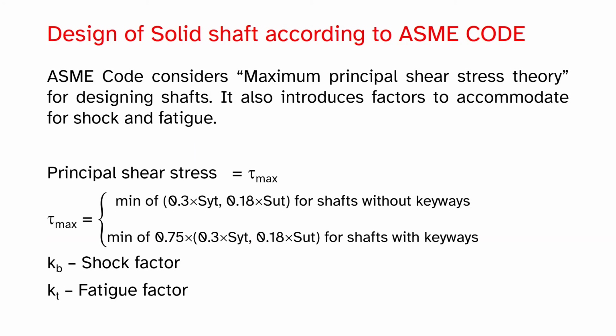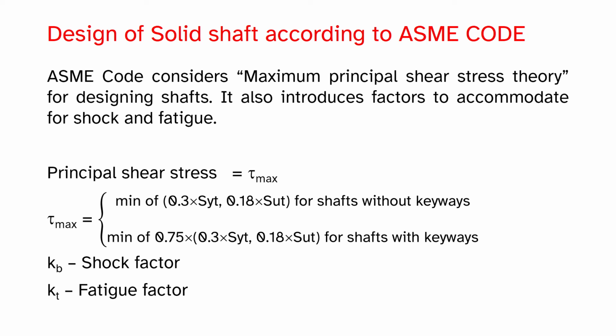Let's see how to design a shaft based on ASME code. ASME code considers maximum principal shear stress theory. It also introduces factors to accommodate for shock and fatigue. In this method, we consider principal shear stress as one of the two shown values, with or without keyways.